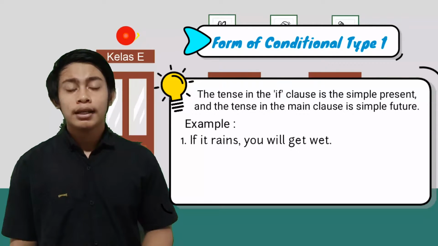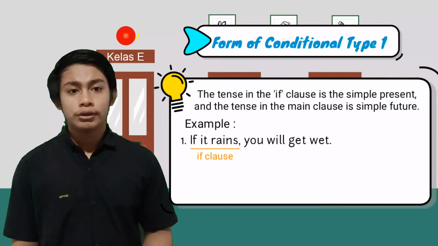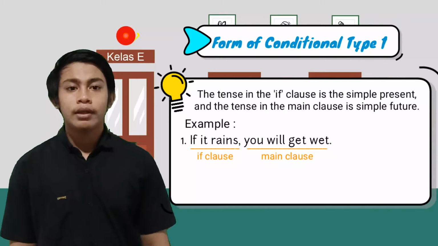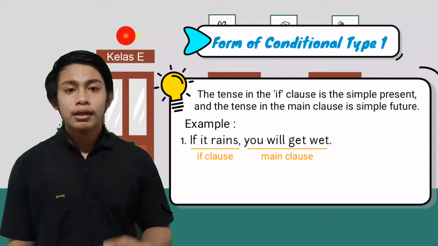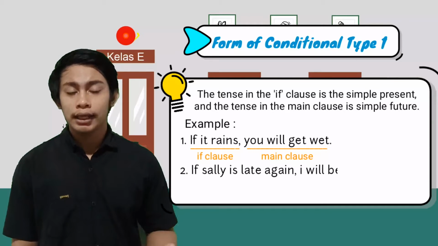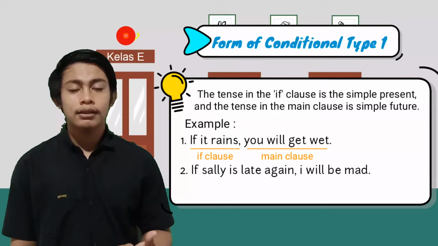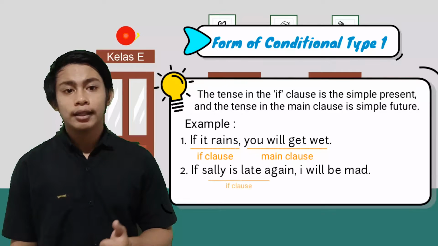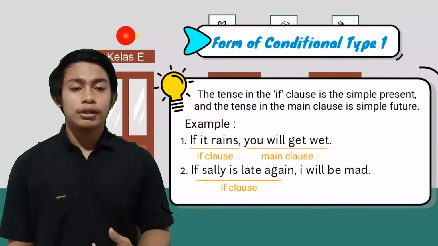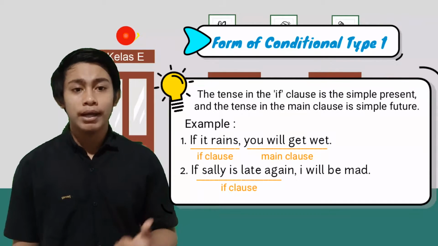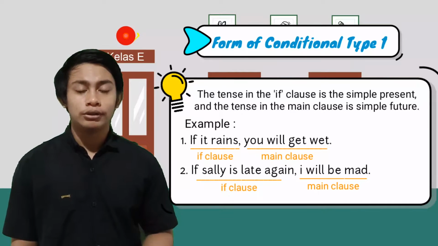If it rains is an if clause, and you will get wet is a main clause. Number 2, if Sally is late again, I will be mad. If Sally is late again is an if clause, and I will be mad is a main clause.